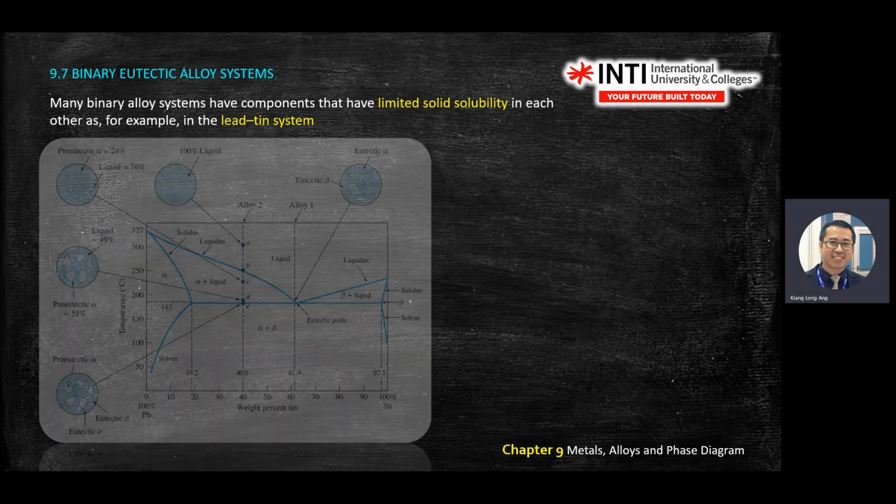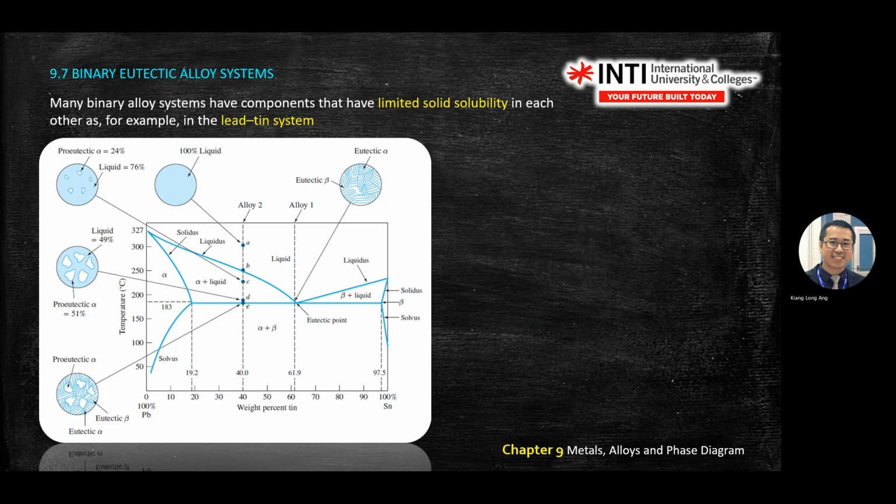Okay. Now we have limited solubility. This chart is very, very popular for engineering dynamics, especially when it comes to assessment test 2 and also your final exam. Previously we looked at copper. Now we look at lead and tin.